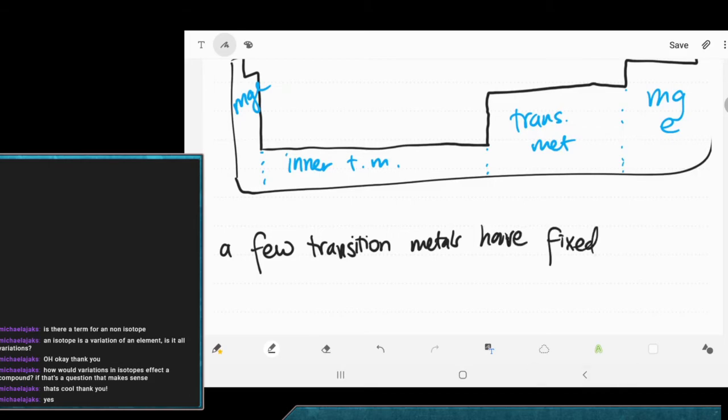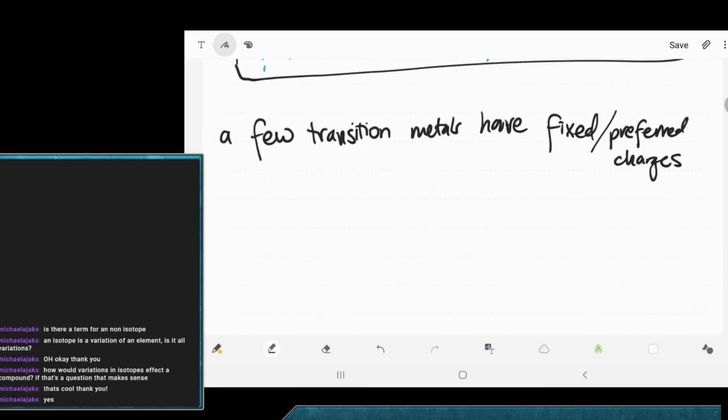A few transition metals will have preferred charges as well. Those would be these three. So these three you will want to learn as exceptions.